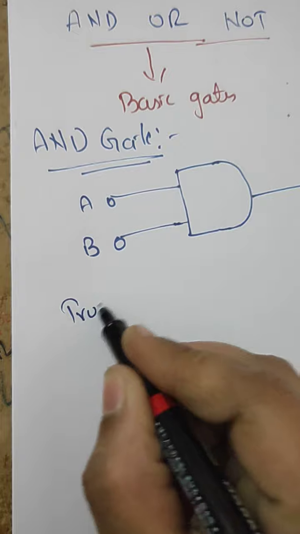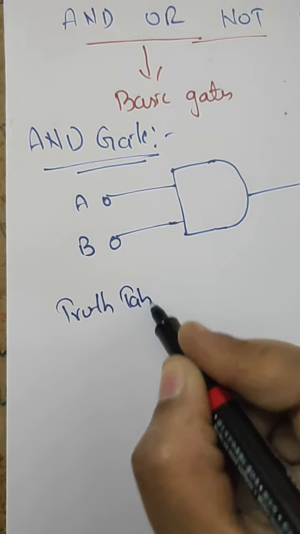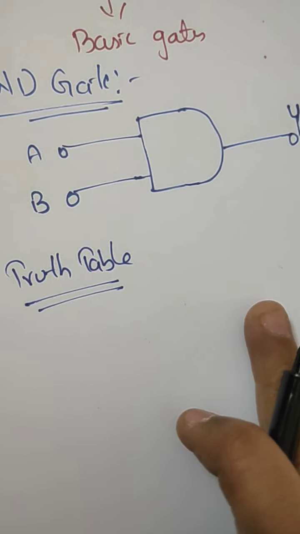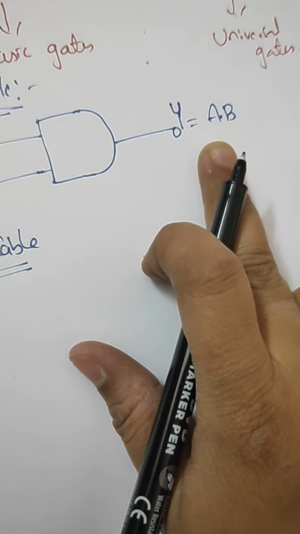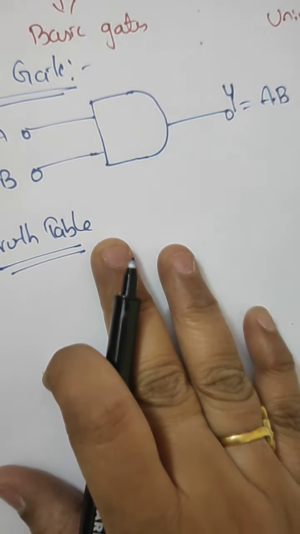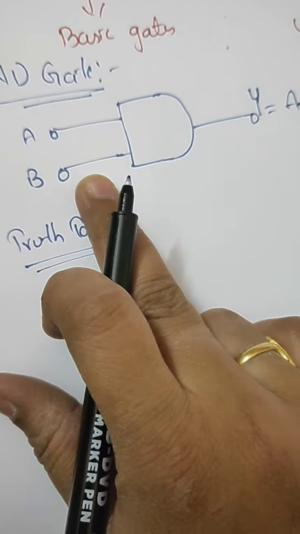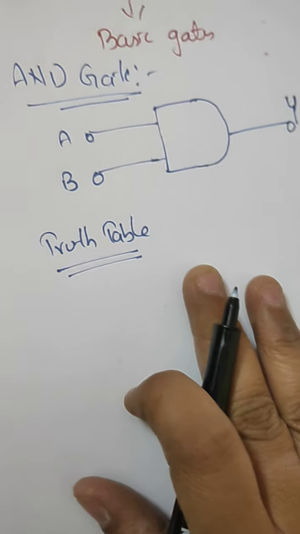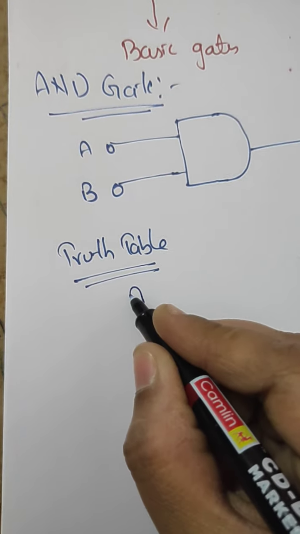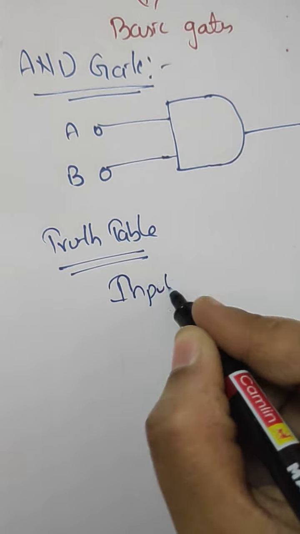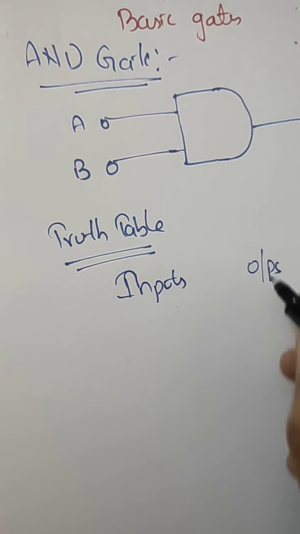If I take the truth table, to perform some operations there must be some logic behind, right? So the logic is A into B. If I give some two-input combinations, we have to see what the output will be.